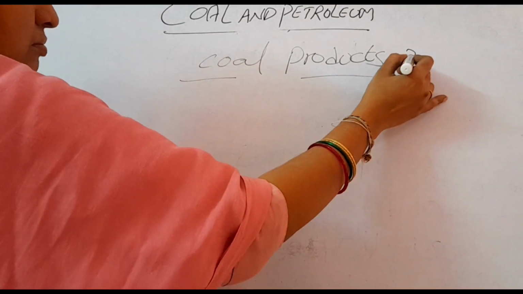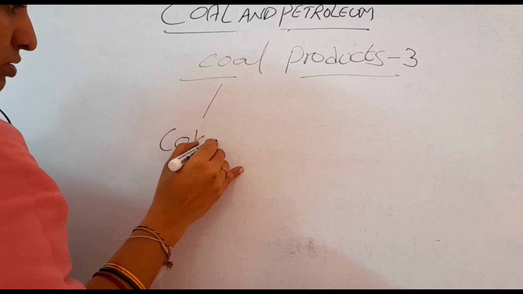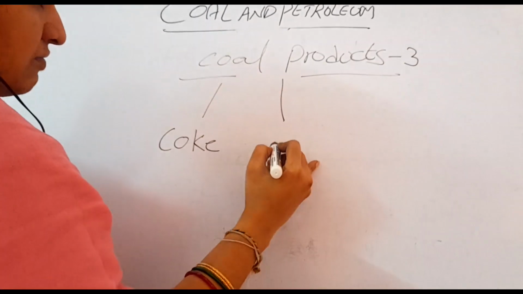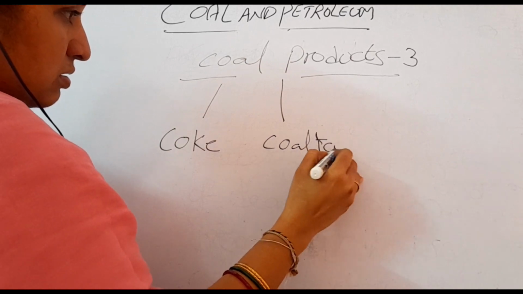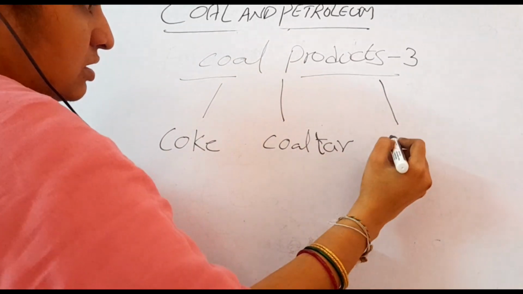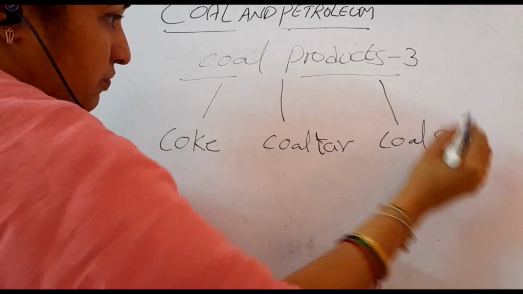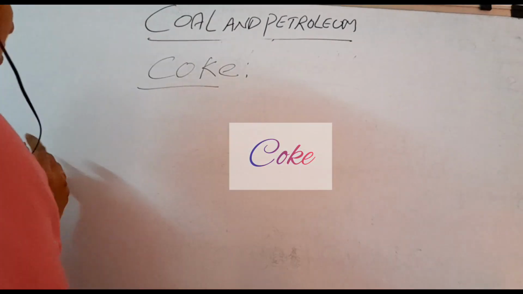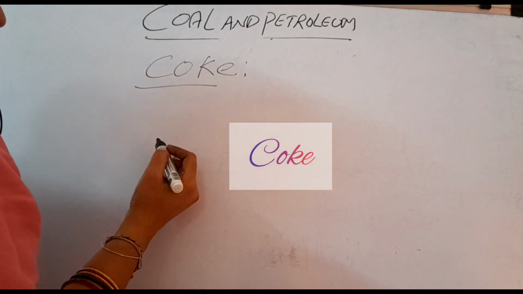Coal products are mainly three. The first one is coke, the second one is coal tar, and the third one is coal gas. First we learn about coke.